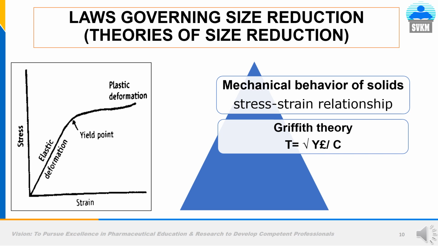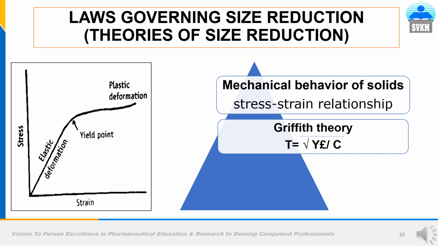According to Griffith's theory, all solids contain flaws and microscopic cracks. A flaw is any structural weakness that may develop into a crack under strain. Now, as per Griffith's theory, the amount of force to be applied will depend on the crack length and the concentration of stress at the atomic bond of the crack apex.